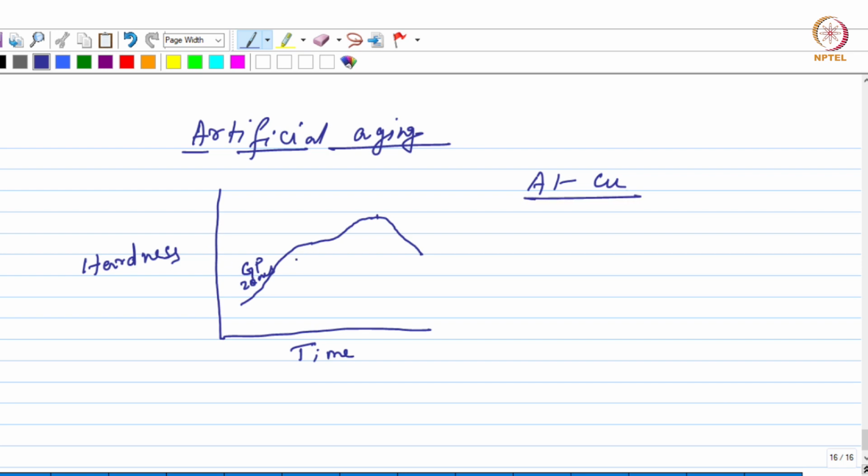So in that case, as you progress after the GP zones, there will be one more phase known as theta double prime that will form before the precipitate theta prime forms. Okay. And sometimes this theta double prime is also known as GP2 zones, and therefore the first GP zones can be also called as GP1, right?